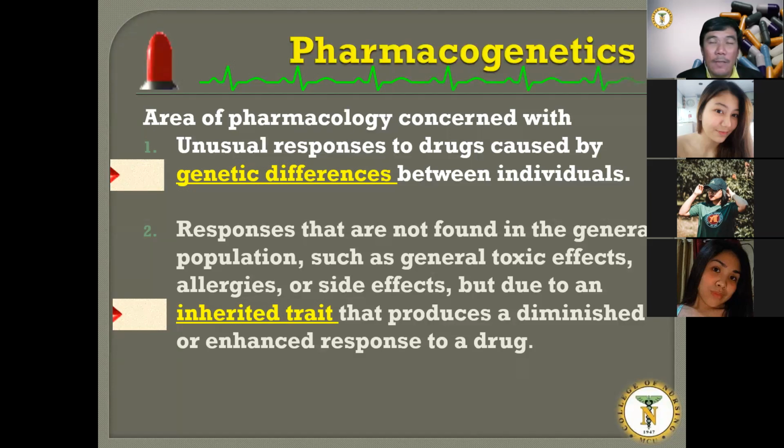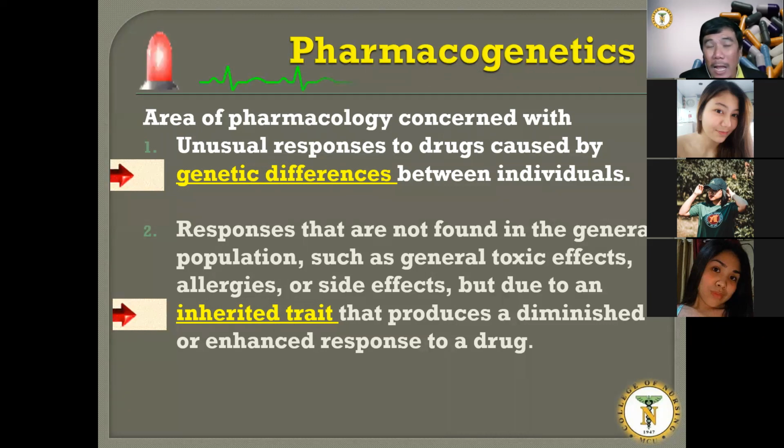Because for an individual who may have inherited or familial disease such as diabetes, the blood sugar level may directly affect absorption of the drug and even distribution of the drug. So this is just how pharmacogenetics is conceptualized when it comes to pharmacology.